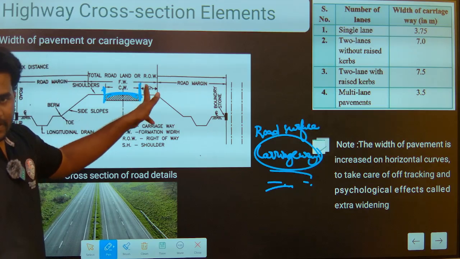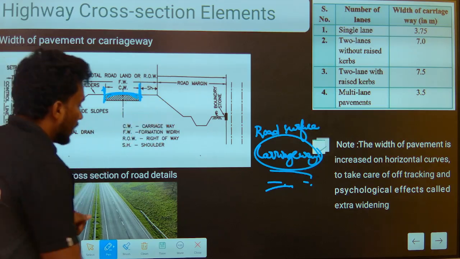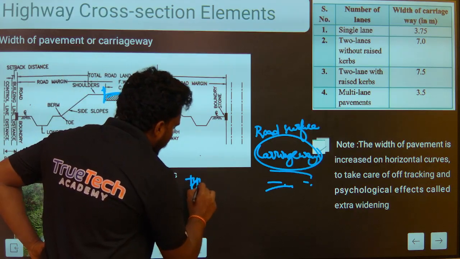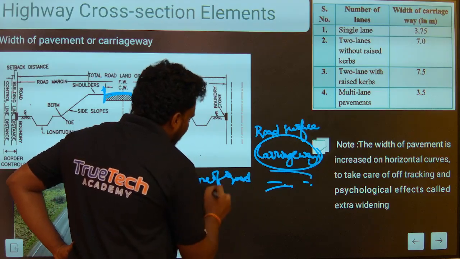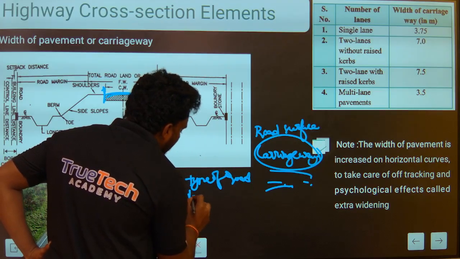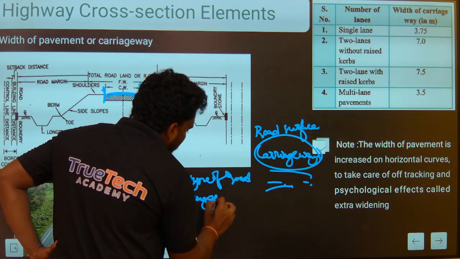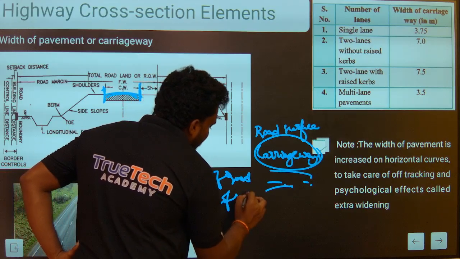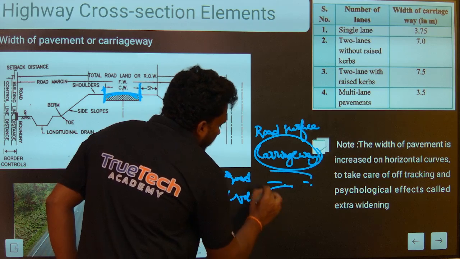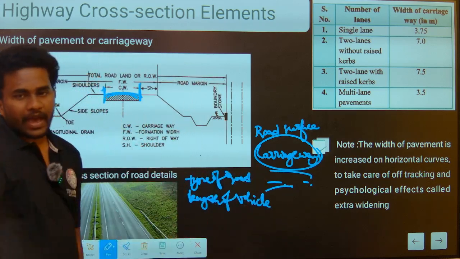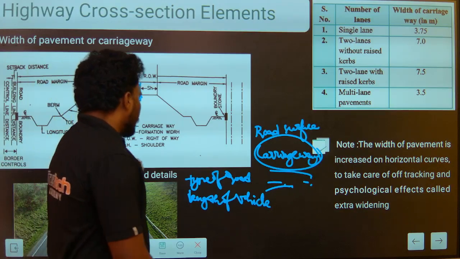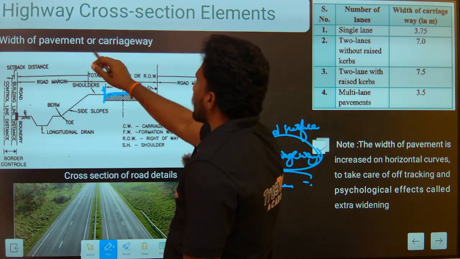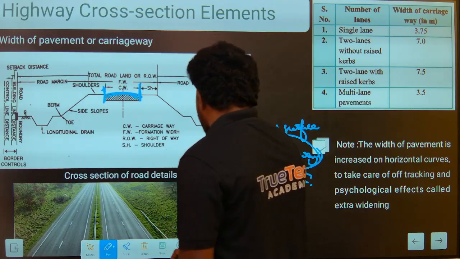This carriageway width depends on the type of road, and mainly on the length of the vehicle also. Based on the length of the vehicle, we are fixing this width of carriageway. So this is the width of pavement or carriageway.